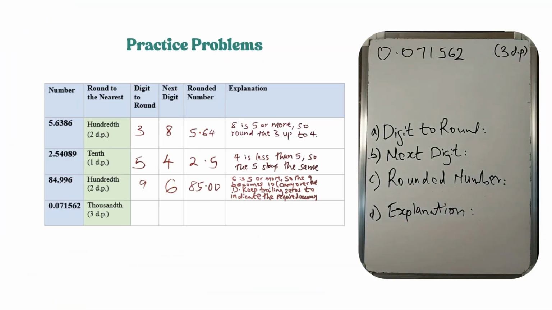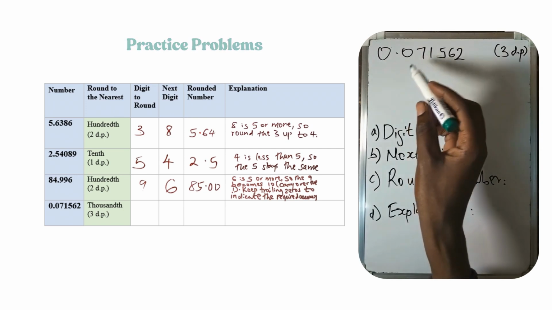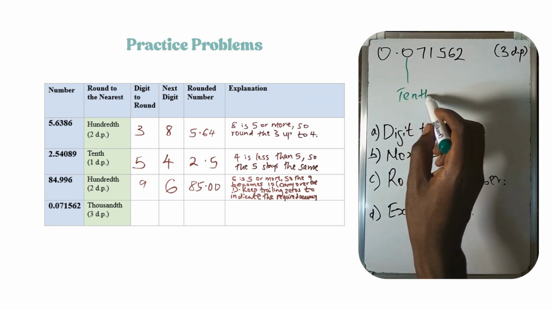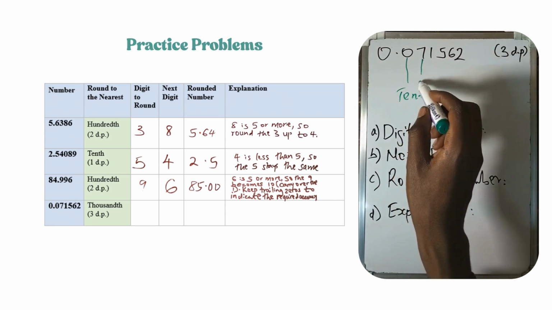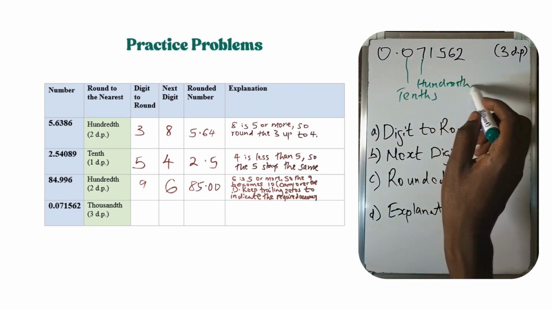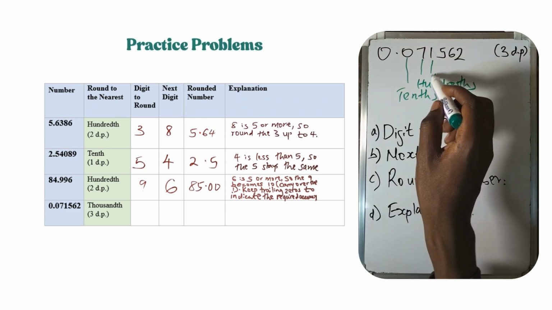Now for the last one, you are asked to round off 0.071562 to the nearest thousandth. This is tenths. This is hundredths. And this is thousandths.